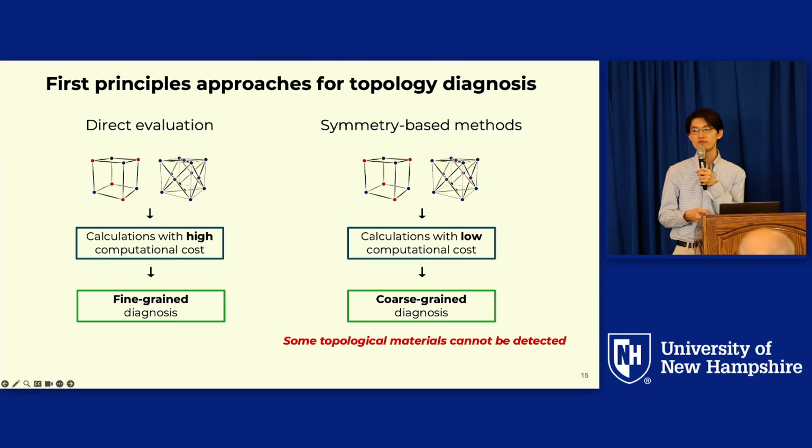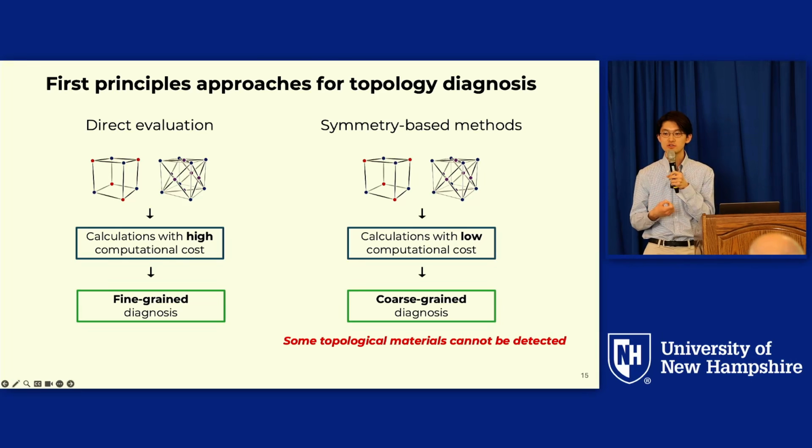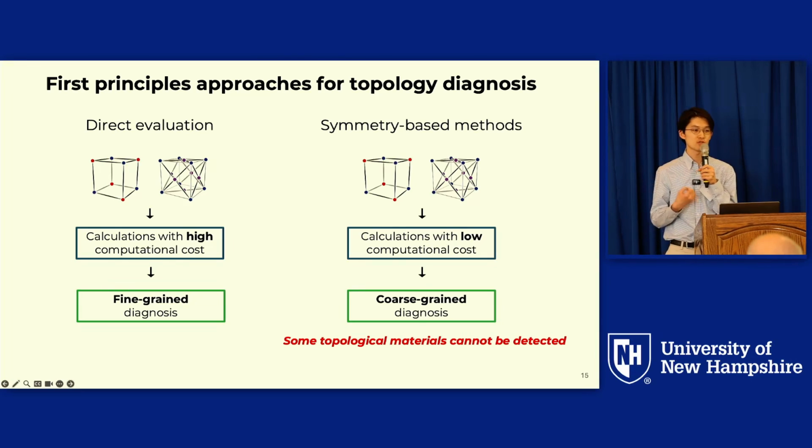And the second, which has been very important in the discovery of many real topological materials, is symmetry-based methods, as exemplified by the Fu-Kane criterion, as well as more recent generalizations known as symmetry indicators in topological quantum chemistry. The key thing to know about these is that these symmetry-based methods can greatly reduce the computational cost of performing electronic topology diagnosis, but have the drawback that not all topological materials can be detected using them.